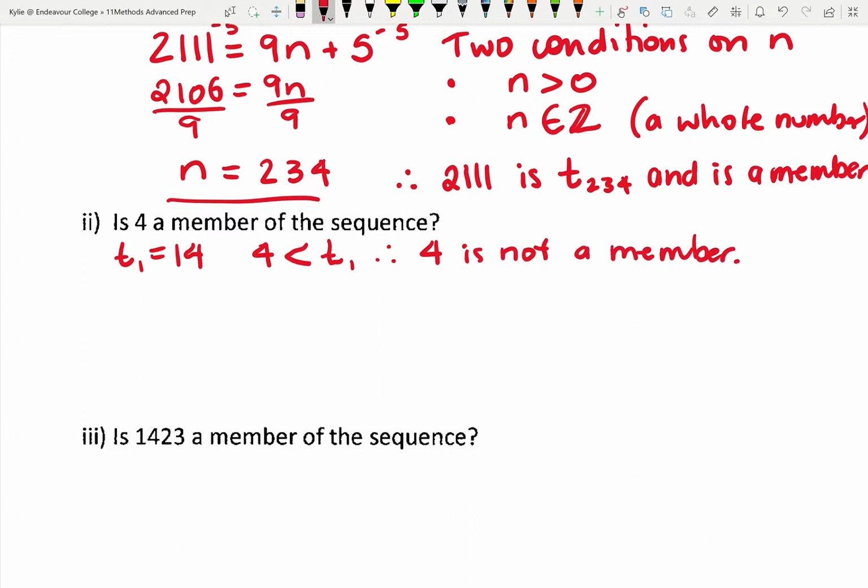If you miss that, you can do it exactly the same way as you did the previous one. So we can say 4 equals 9n plus 5. Take 5 from both sides to give us -1 equals 9n.